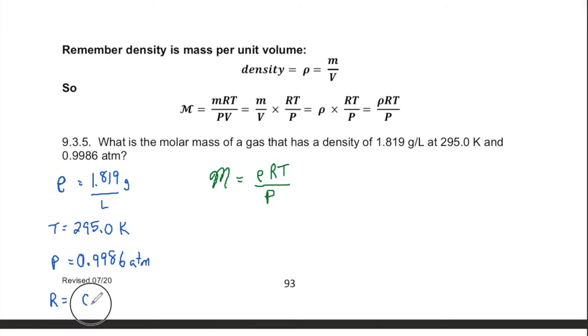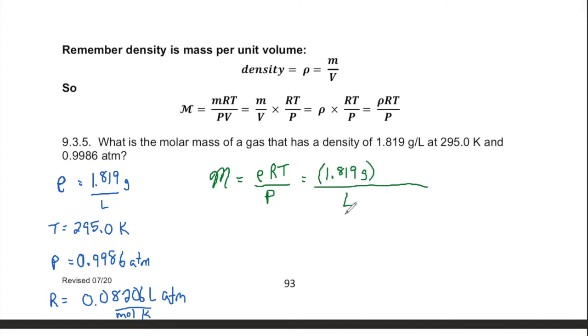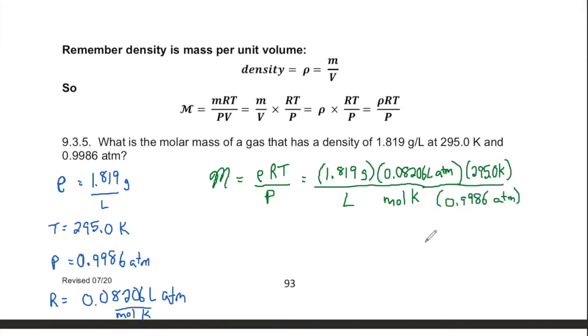Let's also write the value for R that we plan to use. Since the pressure is in atmospheres, we're going to use that 0.08206 liters atmospheres per mole Kelvin. So here we have our density, 1.819 grams per liter. We have R, 0.08206 liters atmospheres per mole Kelvin, 295.0 Kelvin, and 0.9986 atmospheres.